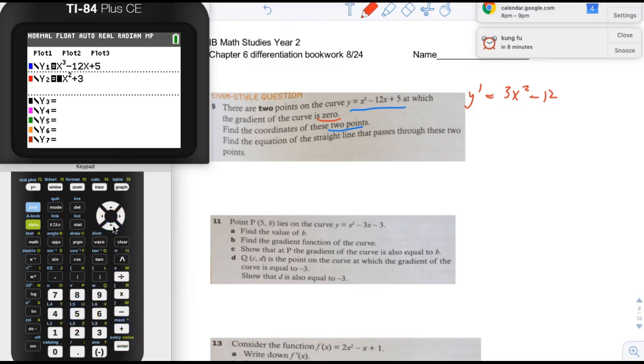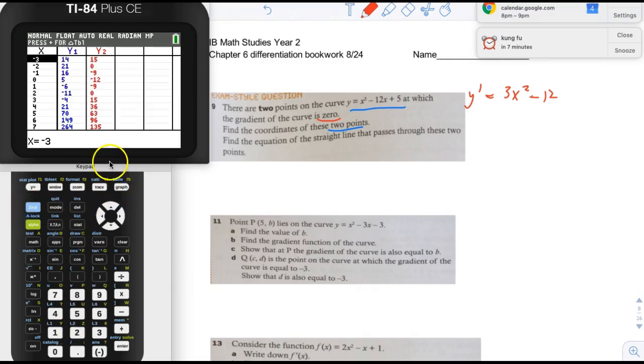And the red function is going to be 3x squared minus 12. Oops, forgot to clear this. 3x squared minus 12.